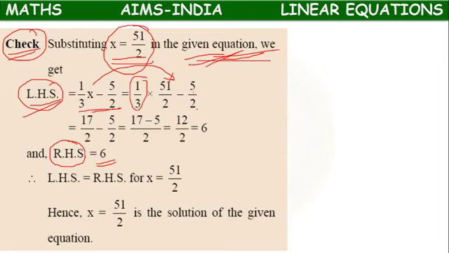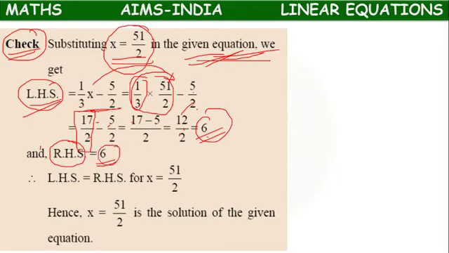3 17s are 51. So it will become 17 by 2 minus 5 by 2. Or we can write 17 minus 5 by 2, 12 by 2. 2 6 times 12. LHS we are getting 6.